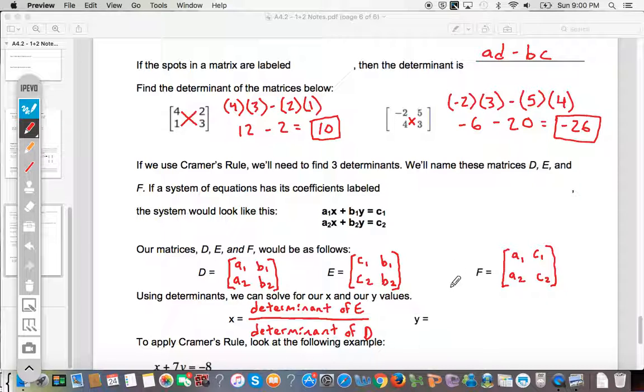And Y turns out to be the determinant of F divided by the determinant of D as well.